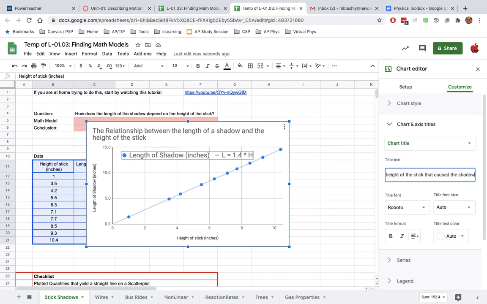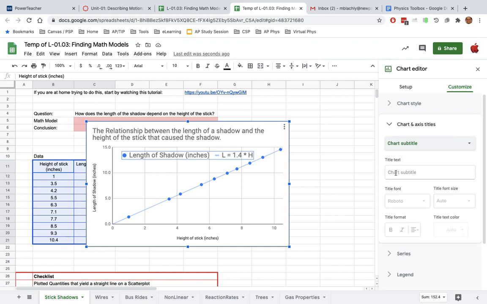So this title's two lines long, and that's totally fine. Okay? So that's the title of the graph. We always say the relationship between the y and the x for, and we put in the context. Okay? All right, that's the title.